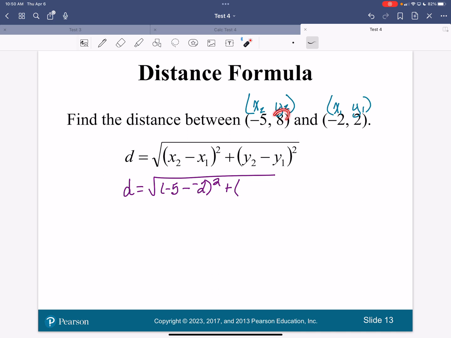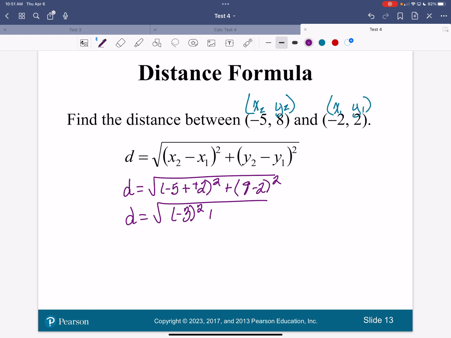I start with 8 and then I subtract 2. 8 minus 2. And then I square it. Now, minus a minus becomes what? Addition. So this becomes -5 plus 2. What's -5 plus 2? Good. And then I'm going to square that.